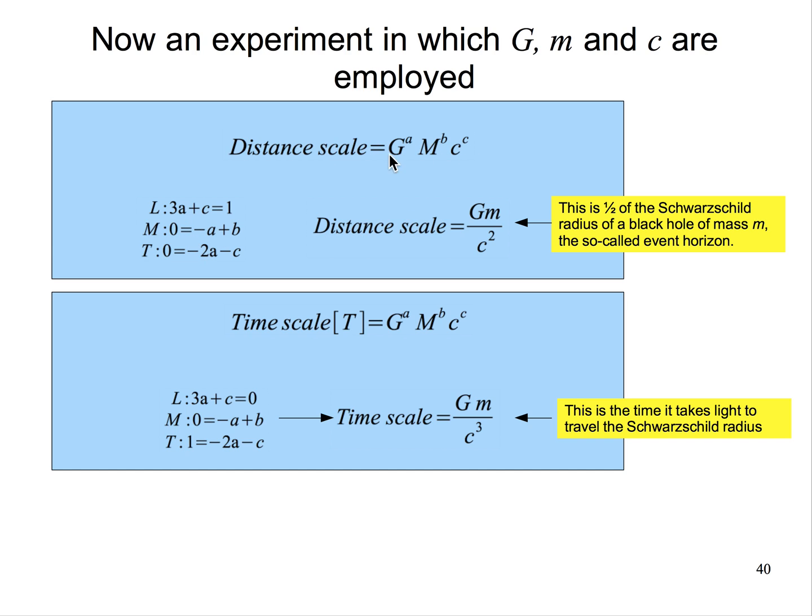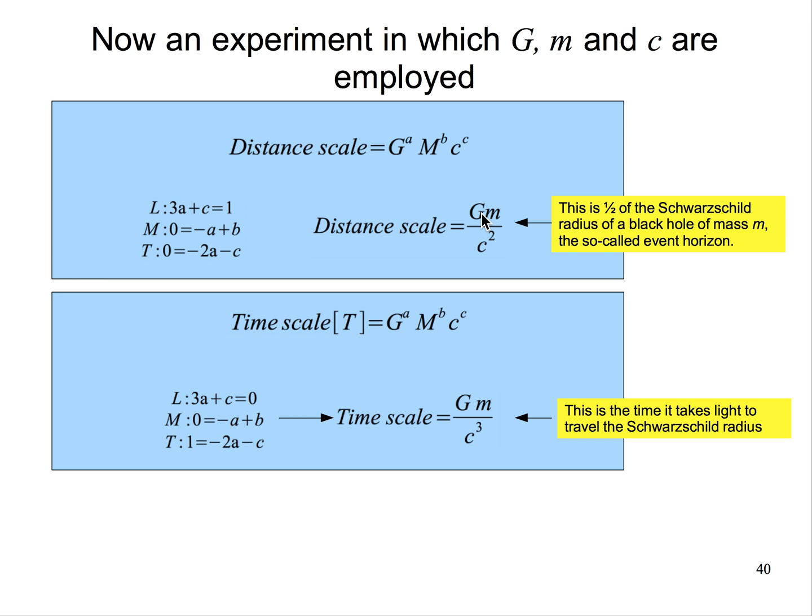So the characteristic distance here turns out to be this, GM over c squared, and that's half of the Schwarzschild radius of a black hole of mass M. So we're missing a factor of 2 here, but we get the distance scale associated with these parameters, and it is a property of a black hole.